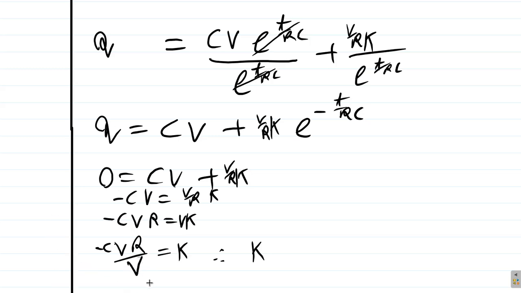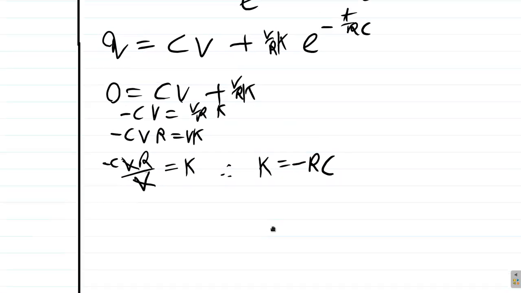You divide by V, right? So V cancels V, what would you have? Negative RC then. K would be negative RC. So that's what you would have. Okay, so it looks alright now.